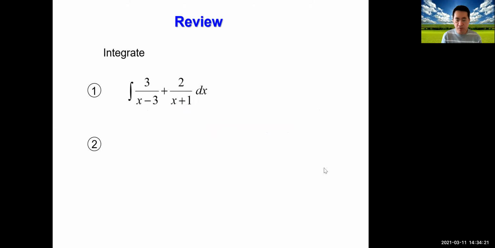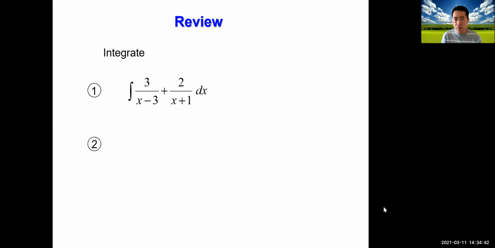the simple integration first. So let's integrate 3 over x minus 3 plus 2 over x plus 1. You see this function, it's a sum of two rational functions, but each of these is actually easy.